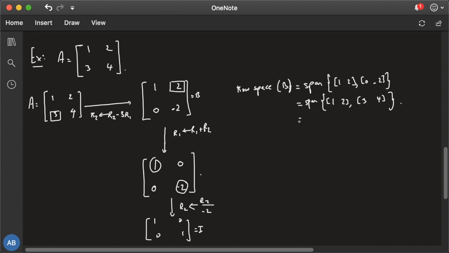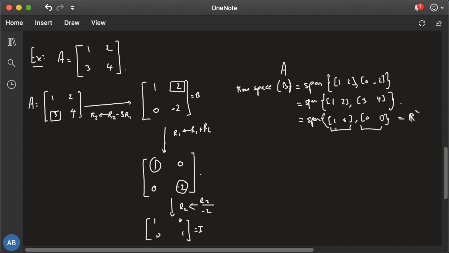That means that the row space of B or A is also equal to the span of (1, 0) and (0, 1). What does that mean? It means that the row space consists of all linear combinations of the vectors E1 = (1, 0) and E2 = (0, 1). And so the row space is what? R squared.